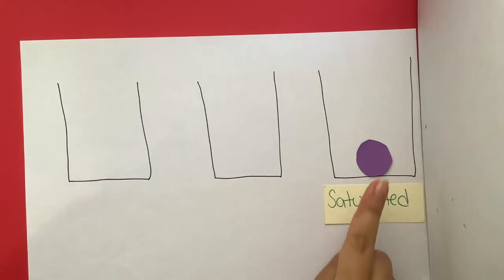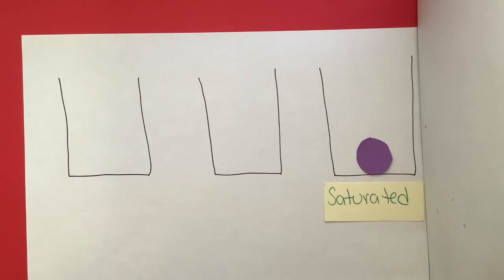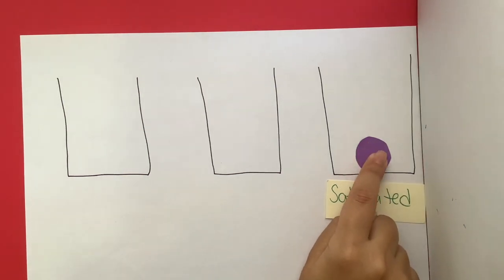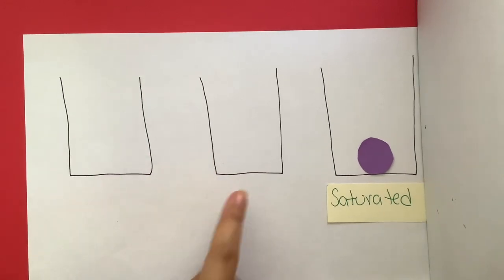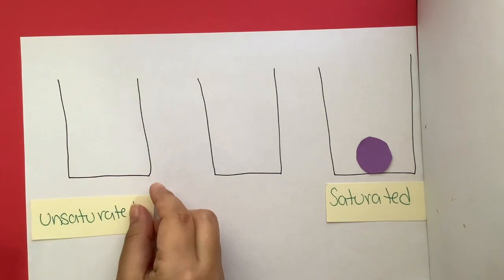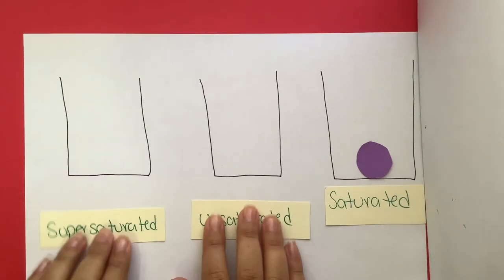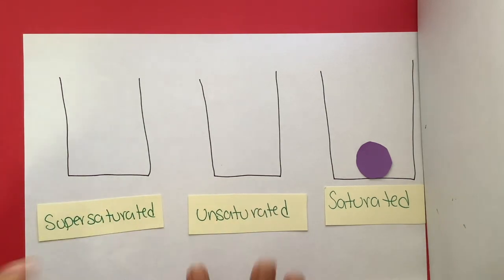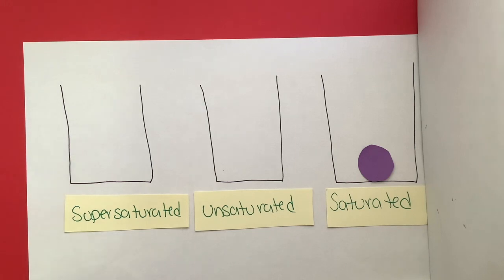Visually I know that this solvent cannot dissolve any more solute because I have some solute left over in the bottom. Now these two don't have any crystals in the bottom. So one is going to be unsaturated, one is going to be supersaturated. It doesn't matter which one I pick. Visually, one is supersaturated, one is unsaturated, and that will be correct.